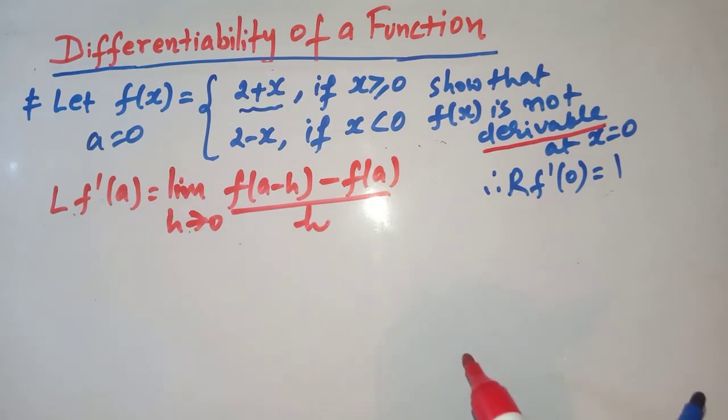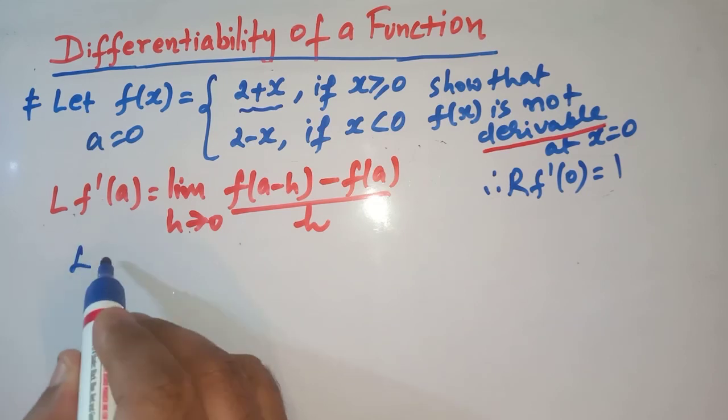Viewers, always remember that whenever we solve any problem, we should have the habit of writing important formulas. Clear? Because whenever we write a formula, then we can remember it for a long time. Clear?